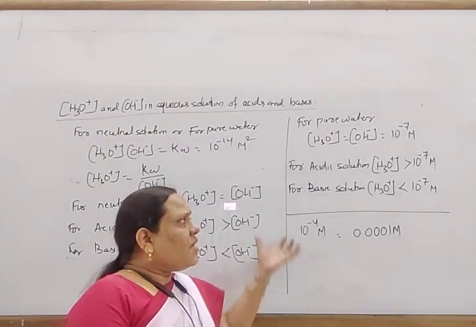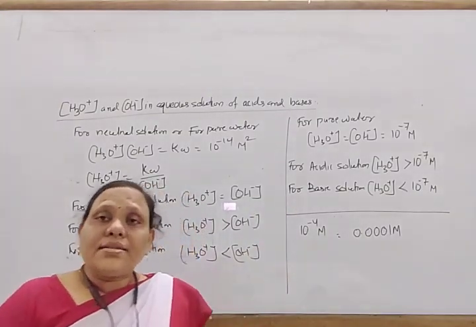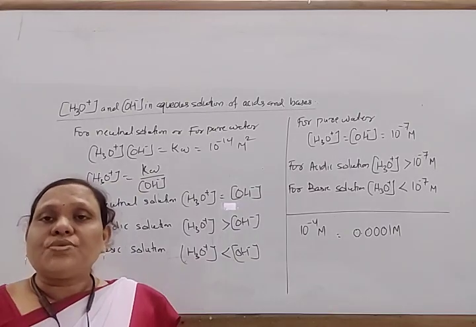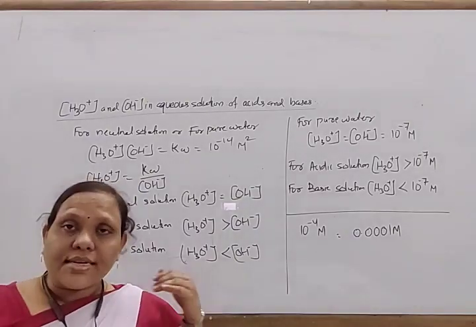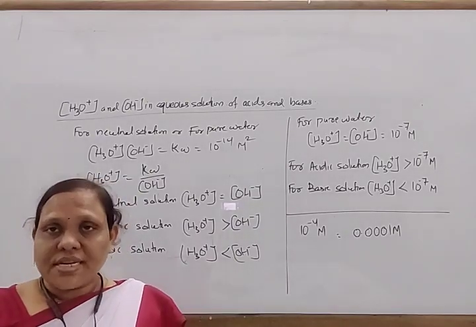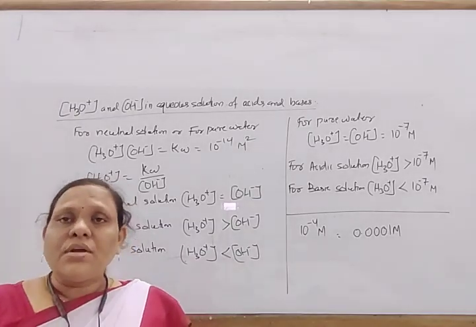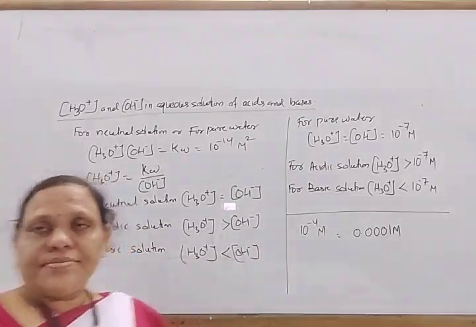So to express this type of concentration, another term was derived, known as pH, which was introduced by the scientist Sorensen. Okay, next let's come to know what pH is.